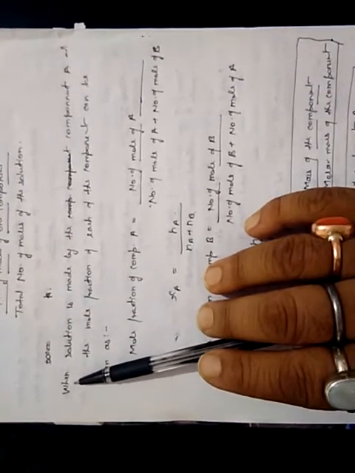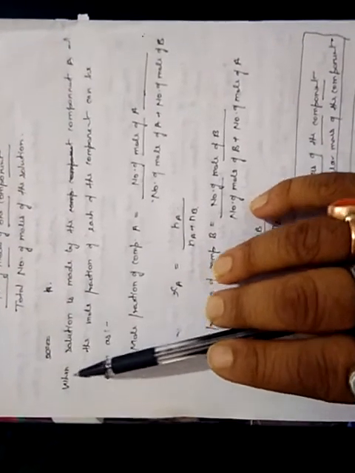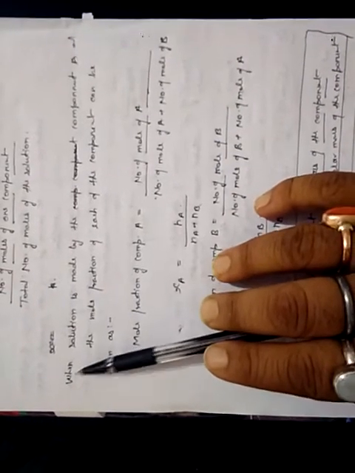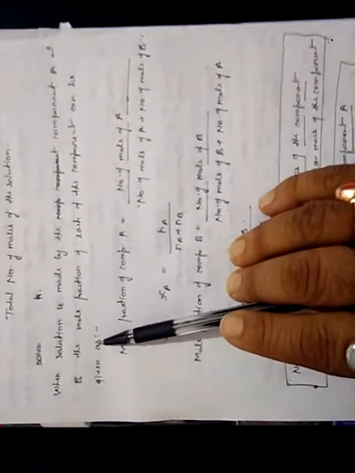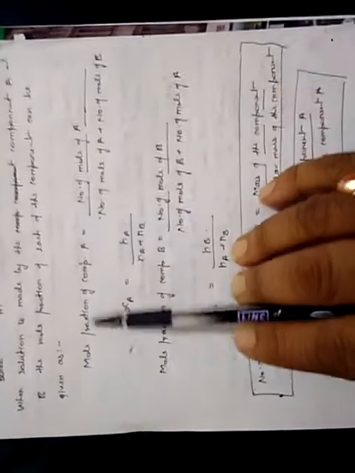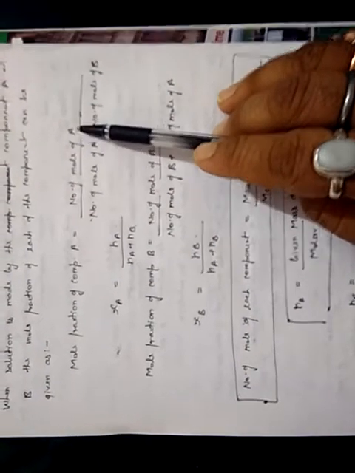Here we consider an example of a binary solution made by component A and component B. In the same way, the mole fraction of A and the mole fraction of B can be given as: the mole fraction of component A is the number of moles of A divided by the number of moles of A plus the number of moles of B.